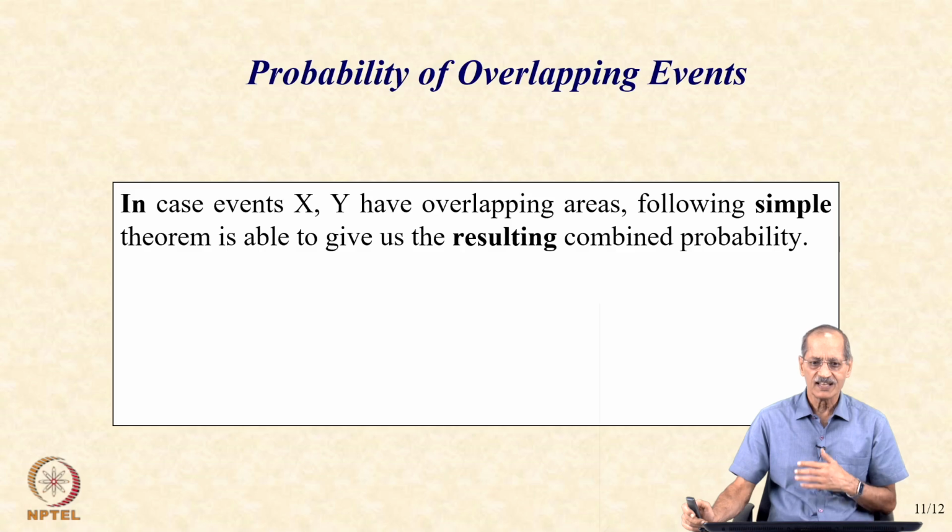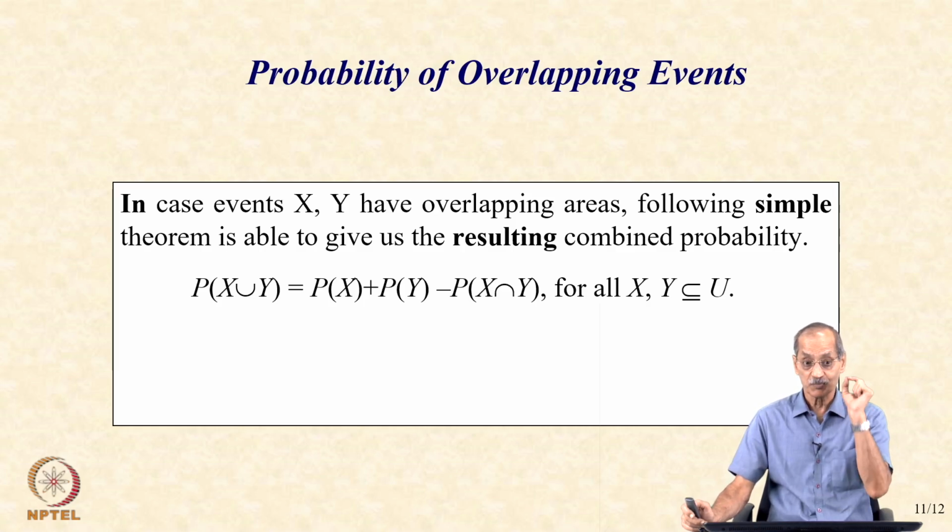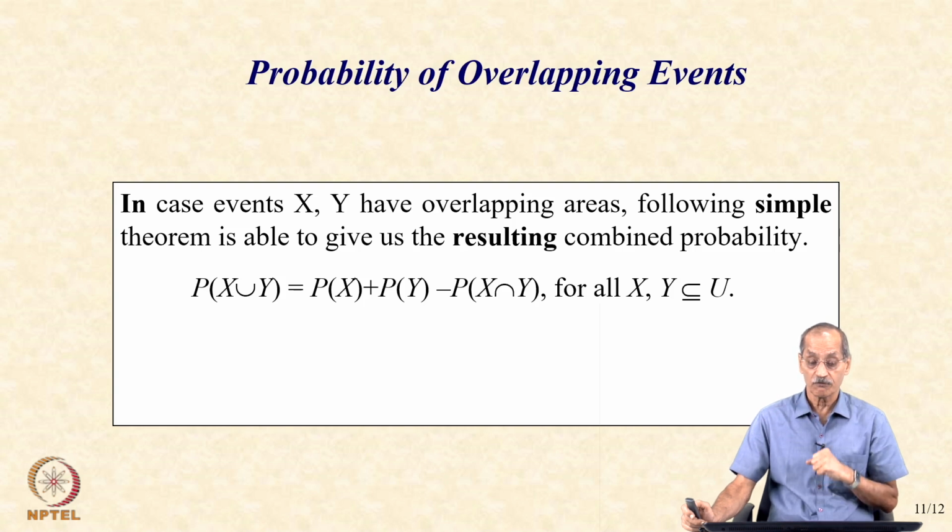Now, let us bring in the idea of overlapping areas. We get a simple theorem to give us the resulting combined probability. If we had two circles which are overlapping, then we first add the areas together, but then you realize that there is a small segment of area which has been counted twice, once as part of the probability of X and once as part of the probability of Y, but that area should appear only once, not twice.